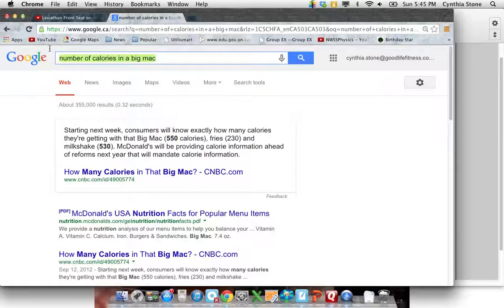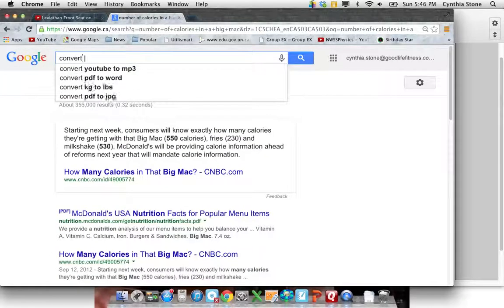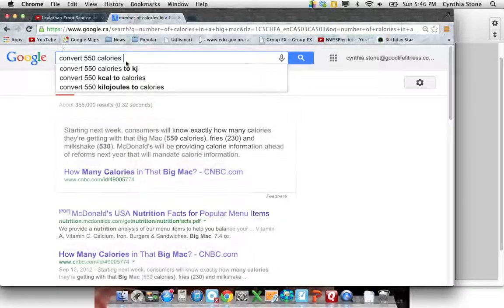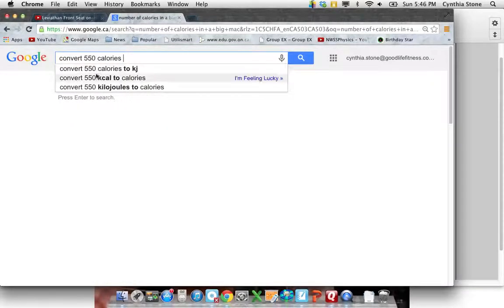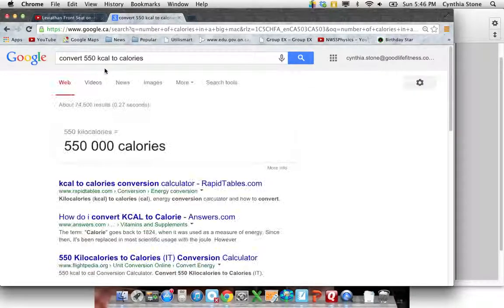Now I'm going to say convert 550 calories. See, it says here's something I have to tell you. It's kilocalories. When we read the number of calories in a Big Mac or in a granola bar or whatever, it's actually called kilocalories. It's actually 550,000 calories.